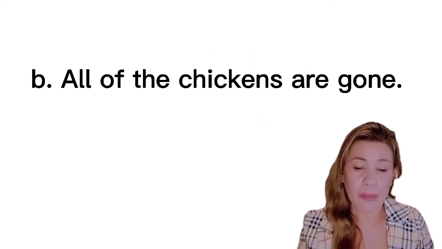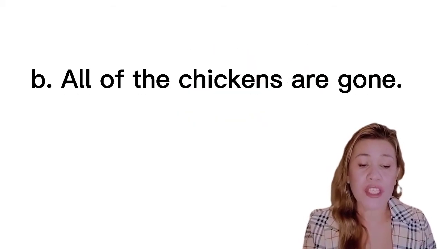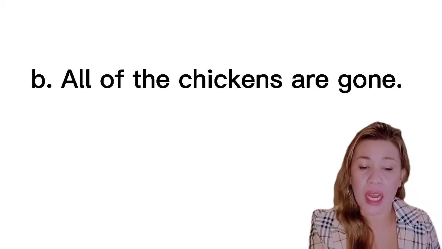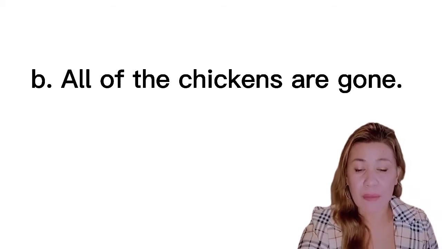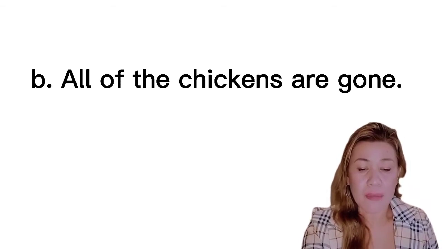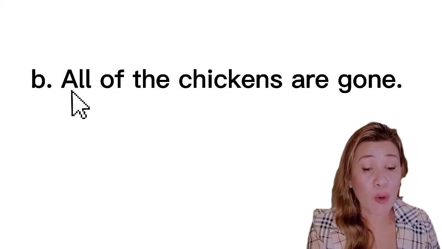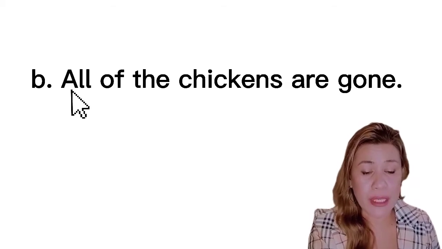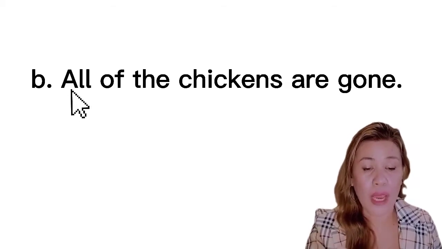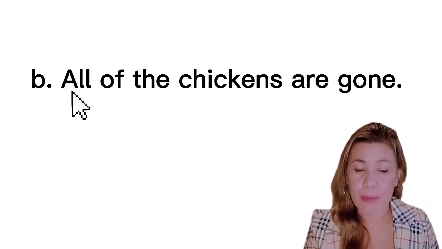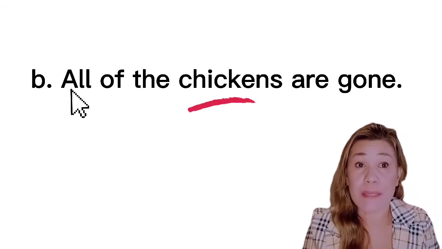Take a look at example number 2. All of the chickens are gone. Notice that same you have the subject all. And it is accompanied now by a different form of prepositional phrase, having now a noun or the object of the preposition chickens, which is plural.